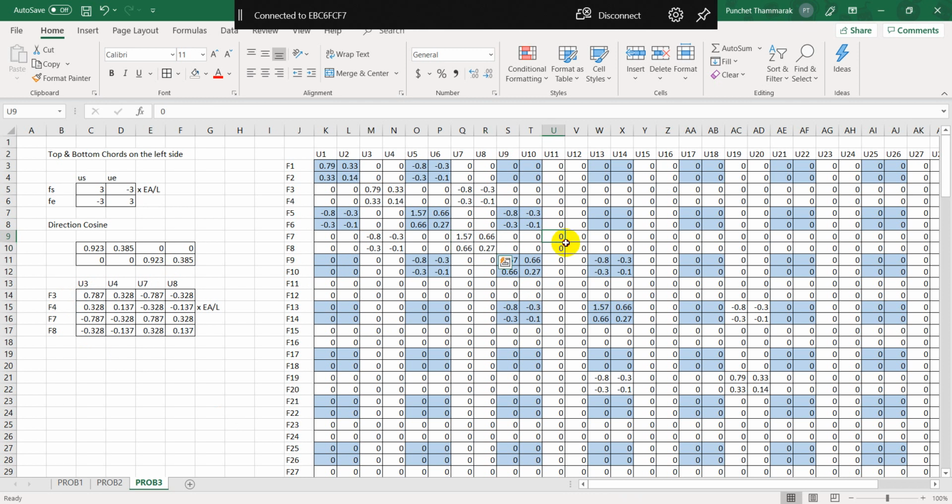Okay, 11, 12 is here. I don't change these indices. I think you know what I'm doing. Oops. Okay, and this one, which is this one here.